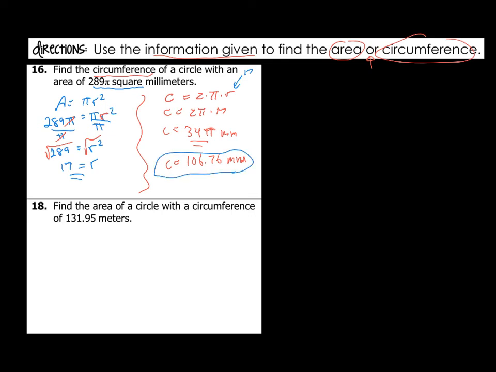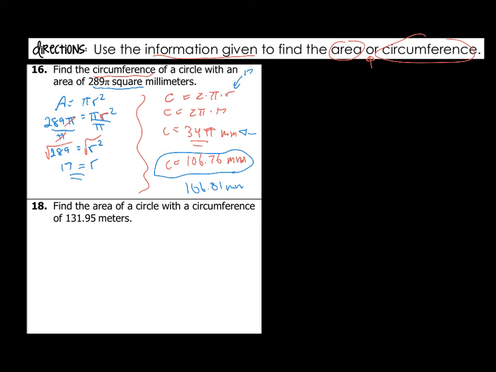Of course, this one was also an acceptable version of a final answer. 106.76 is good. Just for the record, if you used the pi key, you would have gotten 106.81 millimeters. Either one is good. We'll accept both answers. The pi key is probably the best way to fly, but 3.14 is acceptable.